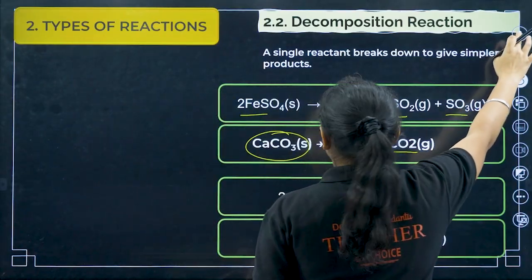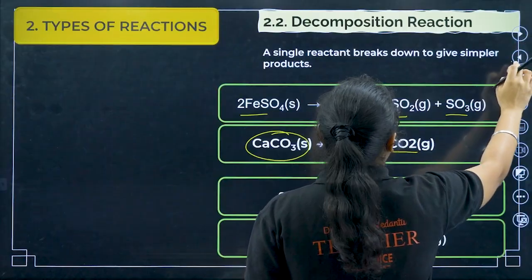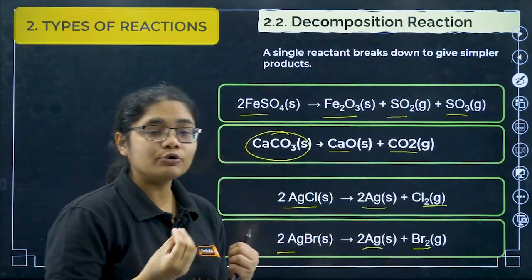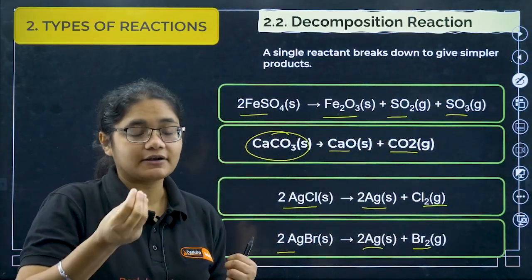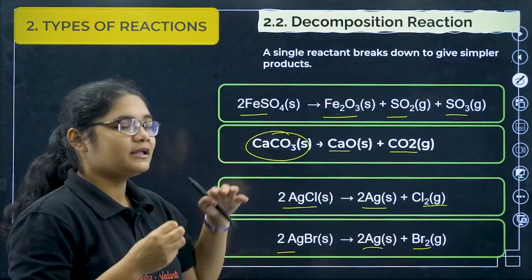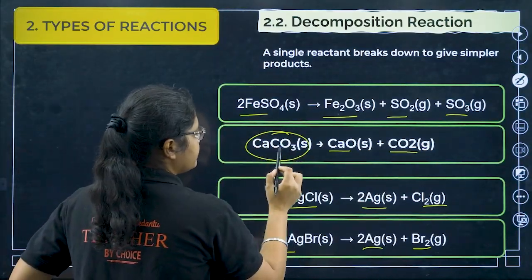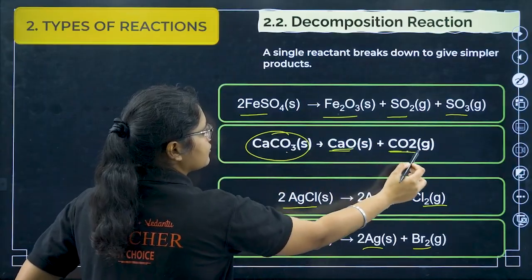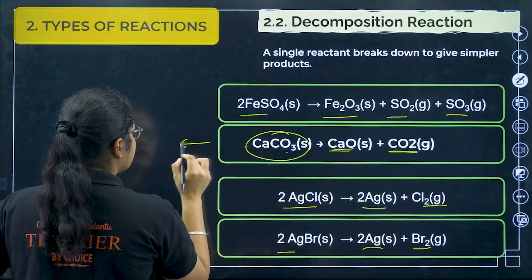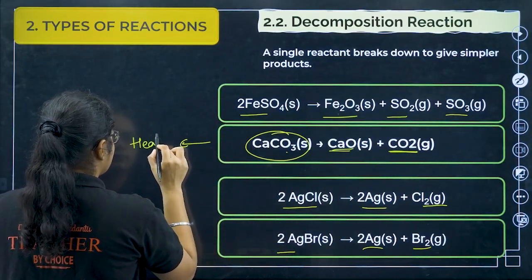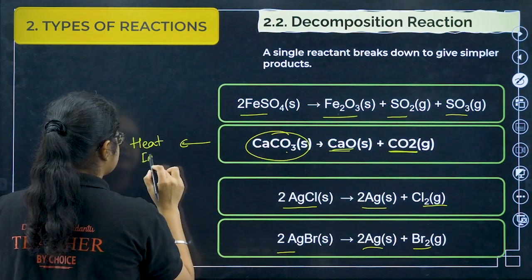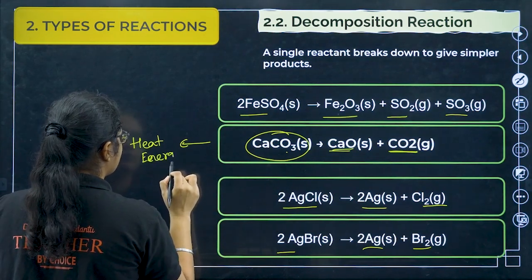Now here are certain things that you should know, what energy we provide here so that it breaks down. In calcium carbonate giving calcium oxide and CO2, we give heat energy. You just need to heat the compound.